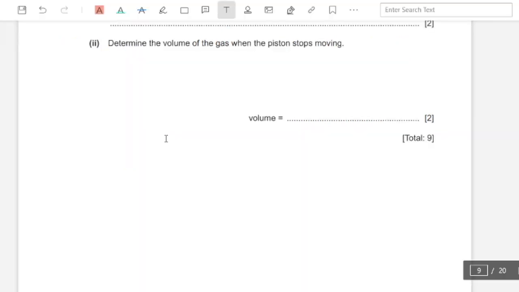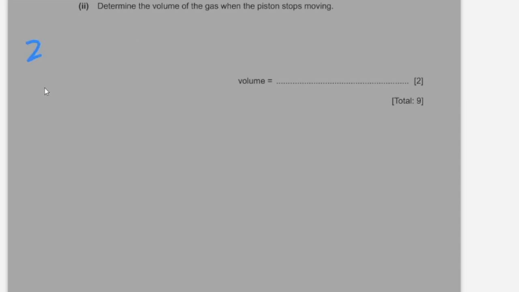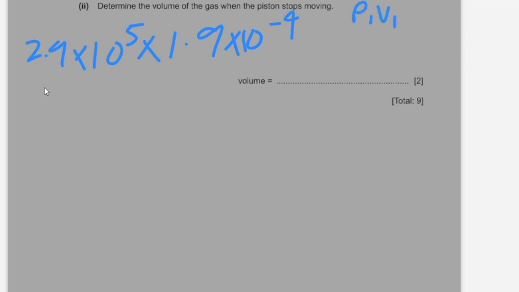2. Determine the volume of the gas when the piston stops moving. Alright, so initially we had the pressure as 2.9 into 10 to the power of 5 when the volume was 1.9 into 10 to the power of -4. So I'm using the formula P1V1 equals P2V2.